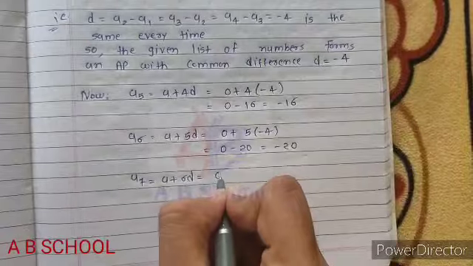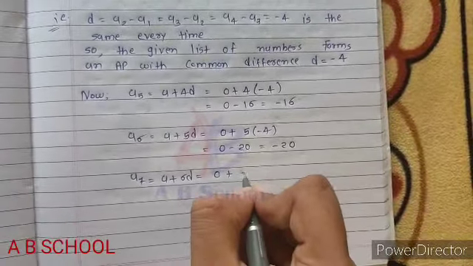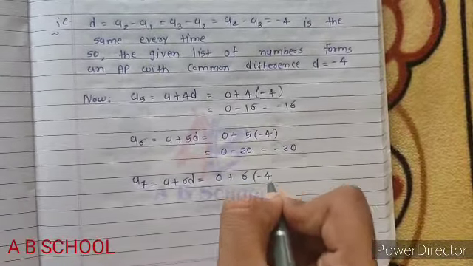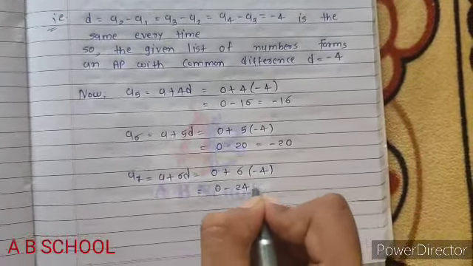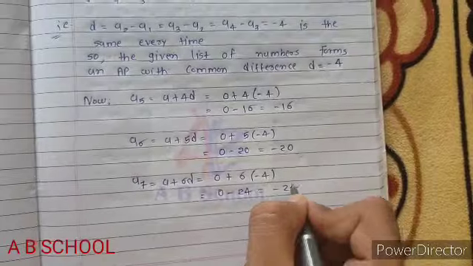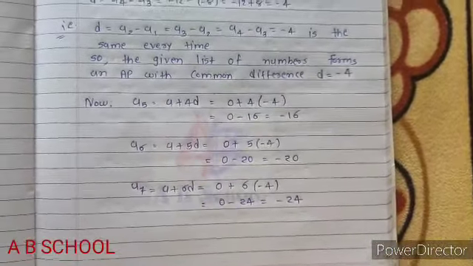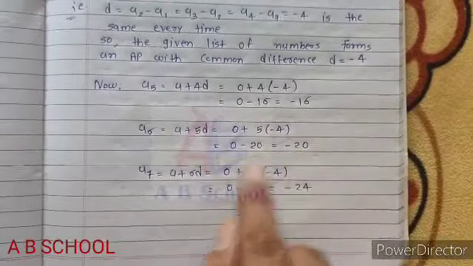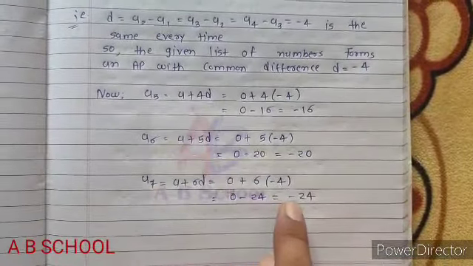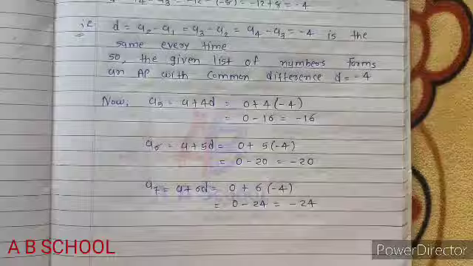Value of A is equal to 0 plus 6, D is equal to minus 4. 0 minus 24 is equal to minus 24. So value of A5 is equal to minus 16. Value of A6 is equal to minus 20. And value of A7 is equal to minus 24.